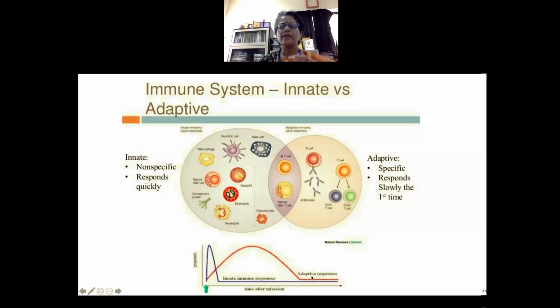So it has two arms. One is the humoral immunity, and the other one is the cell-mediated immunity.